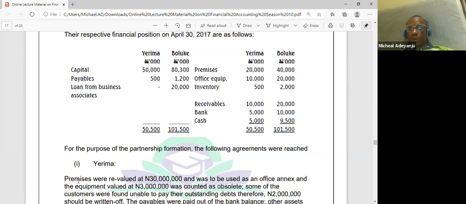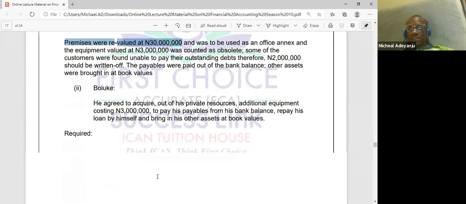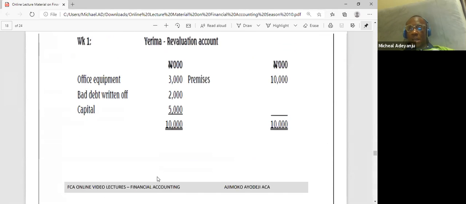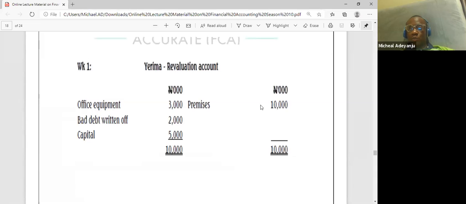At the end of the day, they said premises were revalued for Yerima. So this 20,000 naira was revalued to 30,000 naira. So if we come here and look at our revaluation account, you see the difference of that 10,000 naira here that was revalued as premises.